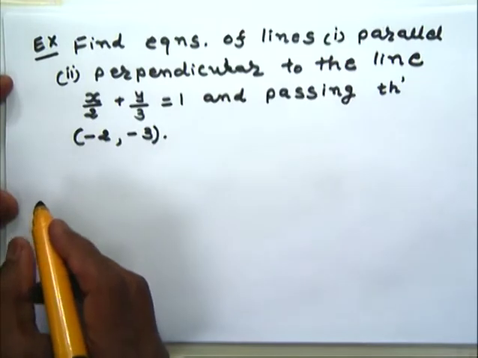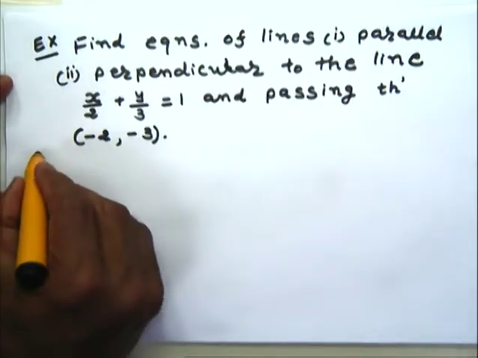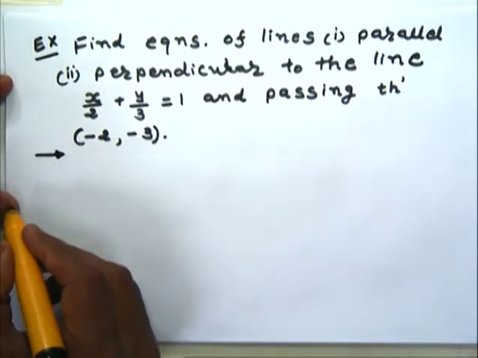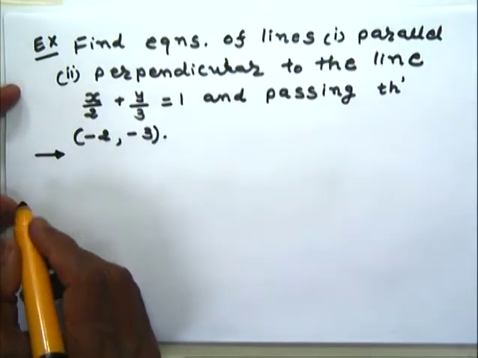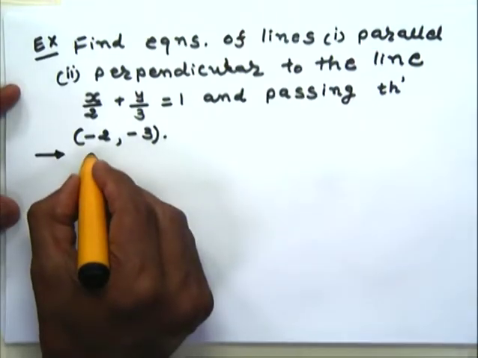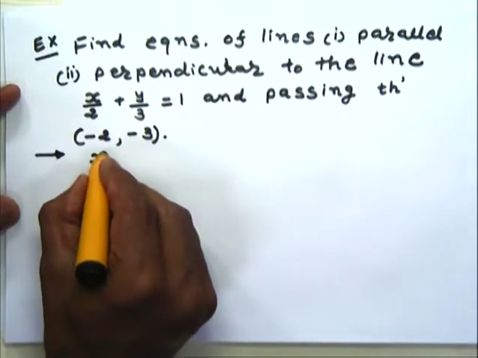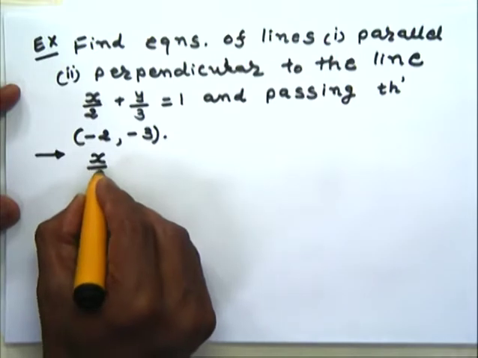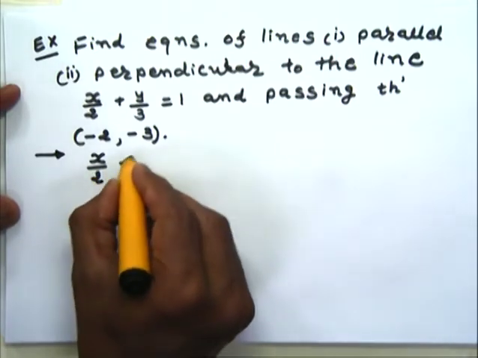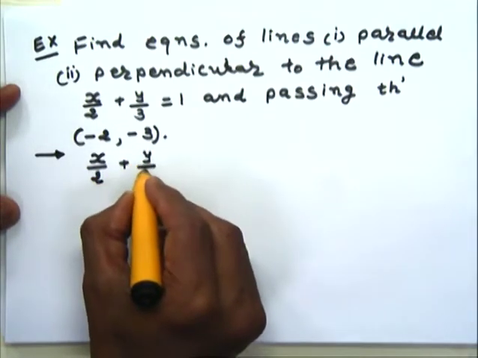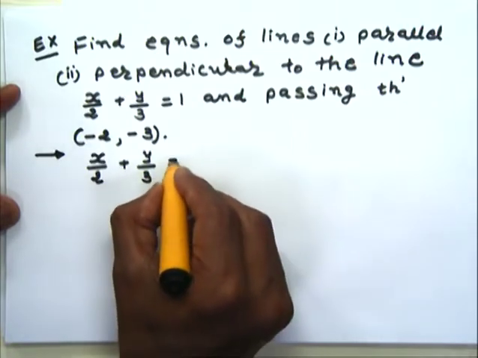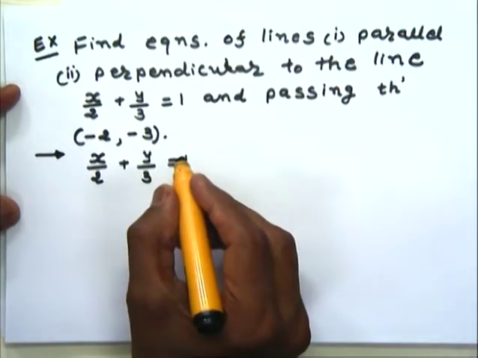So now we want to solve this example. First of all, consider the given line, which is x by 2 plus y upon 3 is 1.